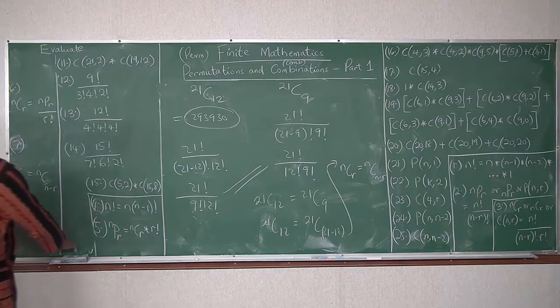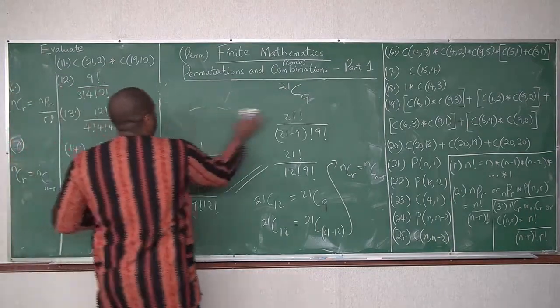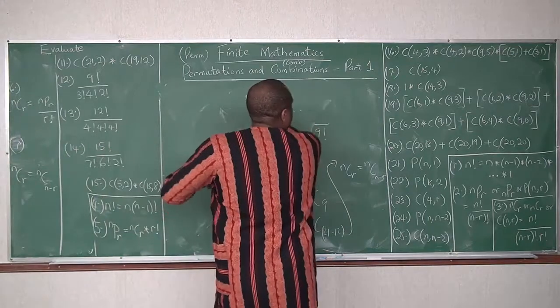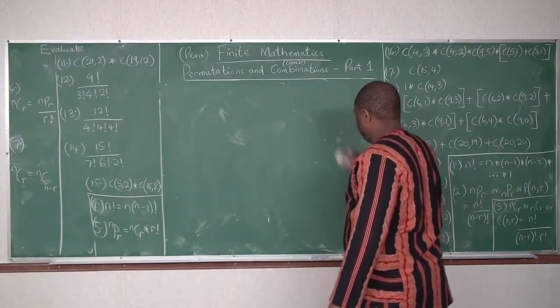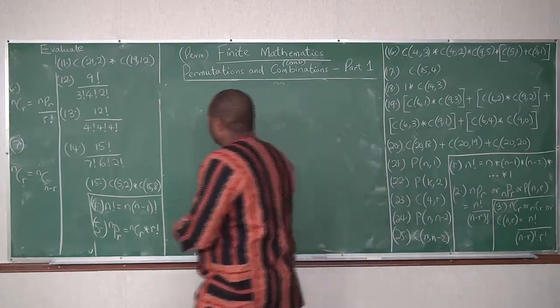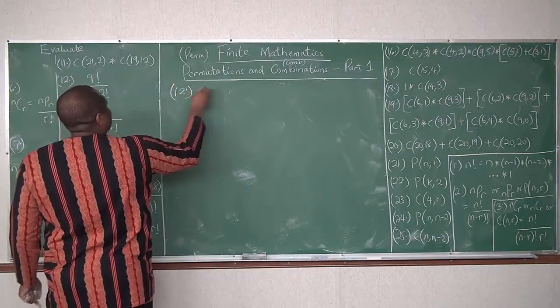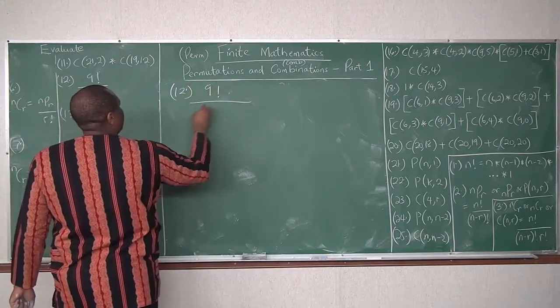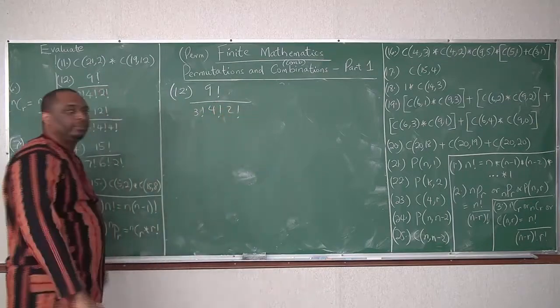Now, let's continue. Question 12. This is 9 factorial over 3 factorial, 4 factorial, 2 factorial.